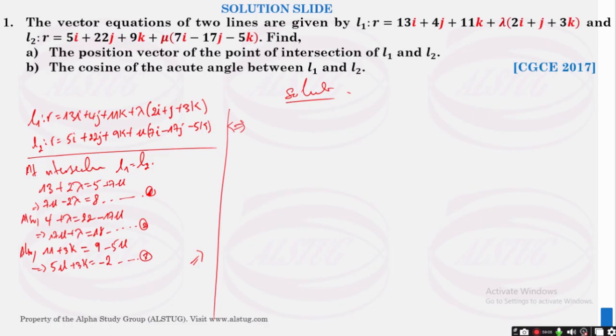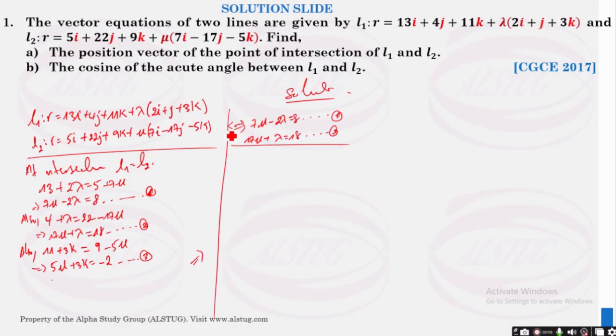So we'll end up with, I will use equations 1 and 2. 7 mu minus 2 lambda equals 8, equation 1. And 17 mu plus lambda equals 18, equation 2.